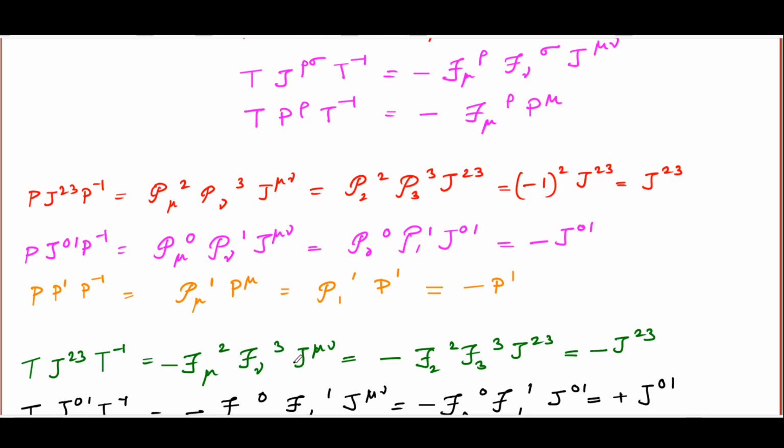Once again, curly T is diagonal, so there's only one non-zero term. And now, both of these two terms are plus 1, but there is an overall minus sign, so you end up with minus J23. So angular momentum changes sign under time reversal.